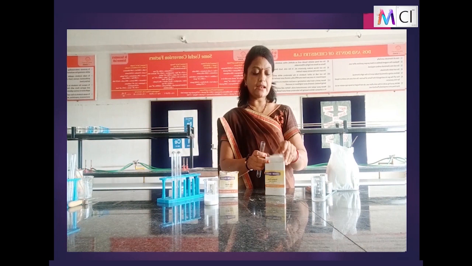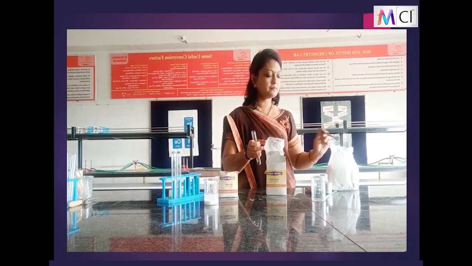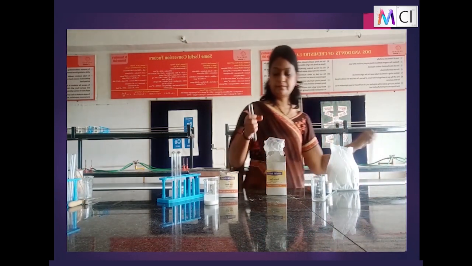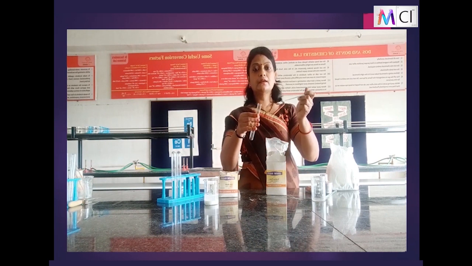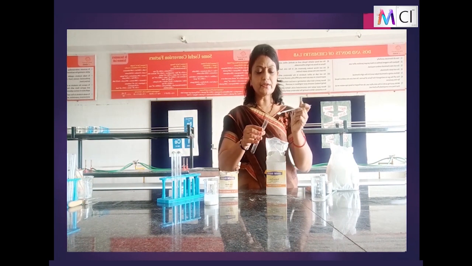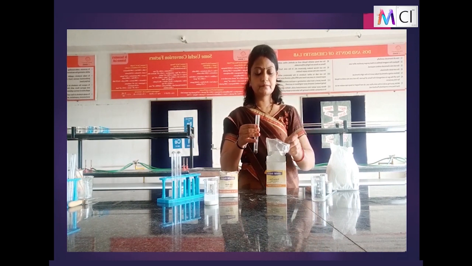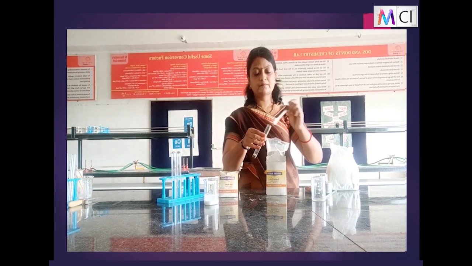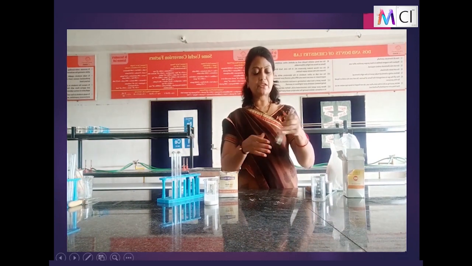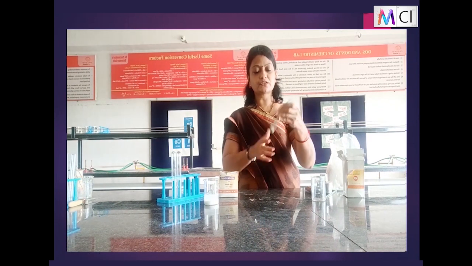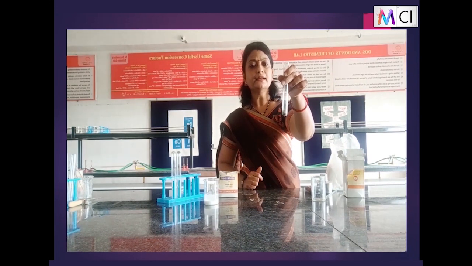To it I will add sulfur powder with the help of the spatula. Sulfur is yellow in color, children. Just add it to it, and we'll make a mixture of it. By simply shaking the test tube, you can observe that sulfur and iron have got completely mixed.